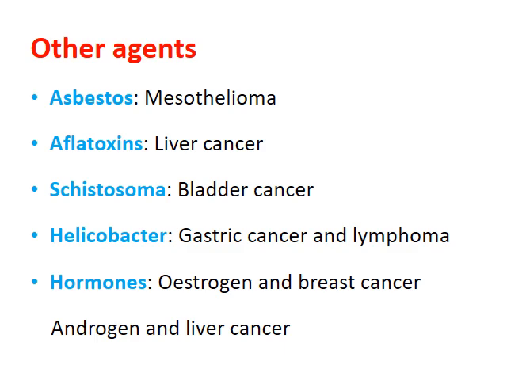Helicobacter may be associated with gastric carcinoma and lymphoma, and the other agent is hormones. A higher level of estrogen may lead to development of breast cancer, and similarly androgens may be associated with development of hepatocellular carcinoma.